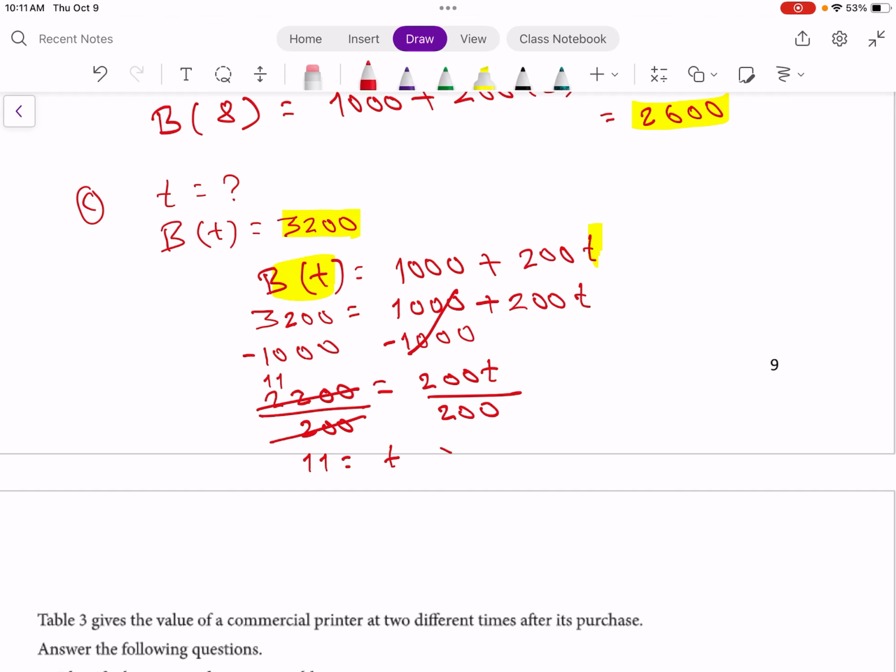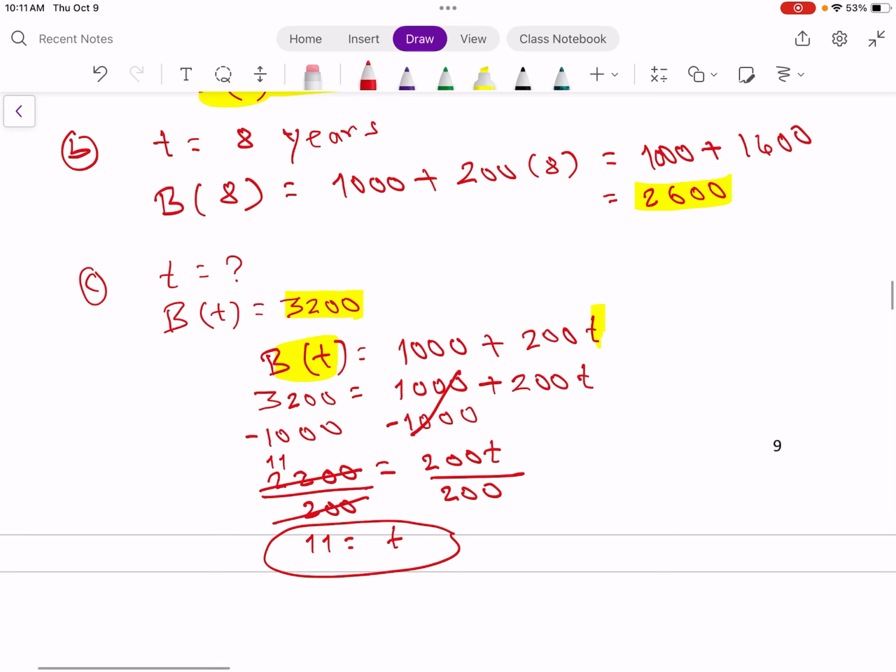So she has to work 11 years at that same company to make $3,200 as an annual bonus. Once we have a linear function, we can find the input, the number of years, or the bonus she gets after working t years.